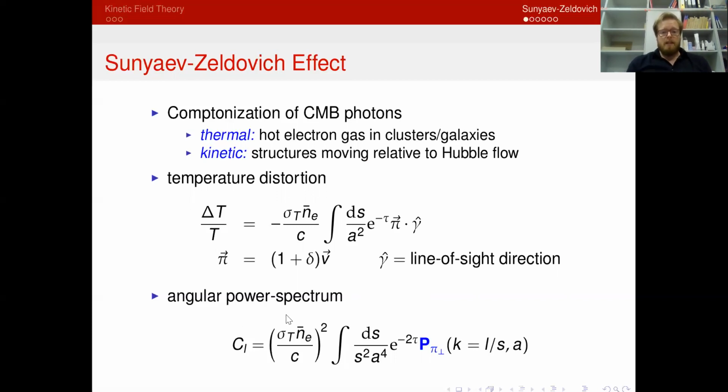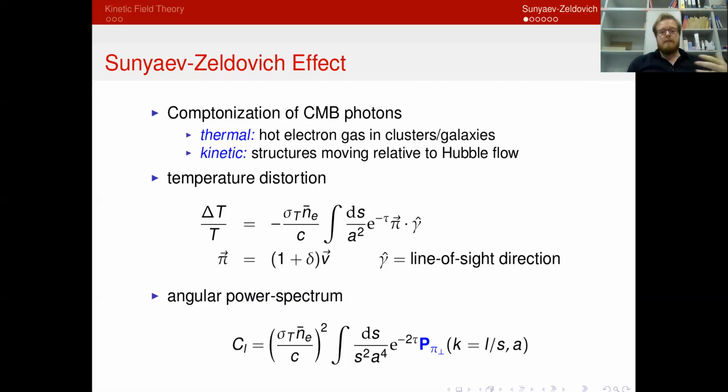So the angular power spectrum is then given by a Limber type equation with an integral over the line of sight and the three-dimensional power spectrum of the transverse component of the momentum density. The parallel component vanishes when we integrate over the line of sight.